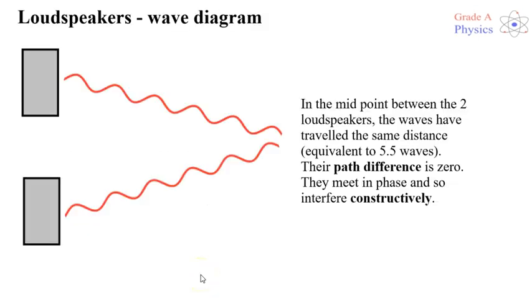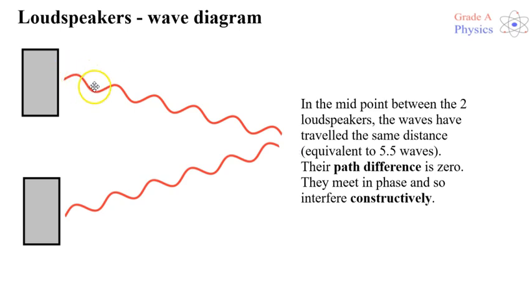We need to be able to explain this in terms of path difference, in terms of how many waves have actually travelled. This is a side view, or maybe a top view, of what we've just talked about. We've got two loudspeakers. They're both producing the same type of wave, a coherent wave. If you're at the midpoint of these two loudspeakers and you stand here, you will hear a loud sound.